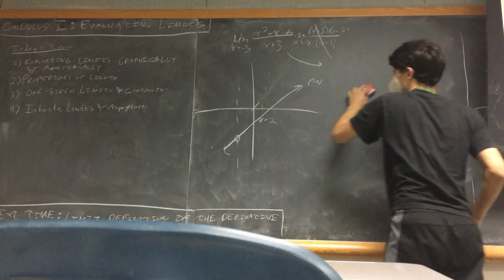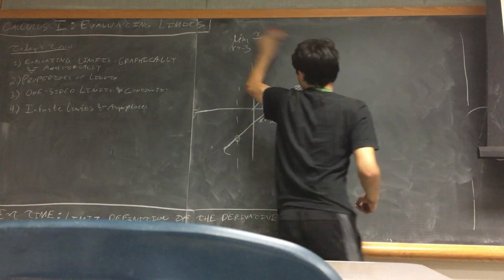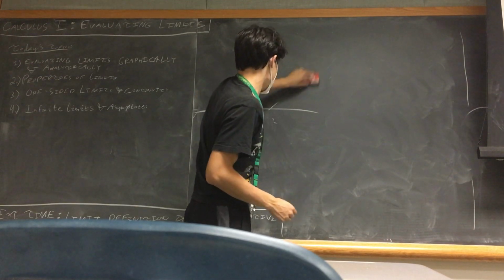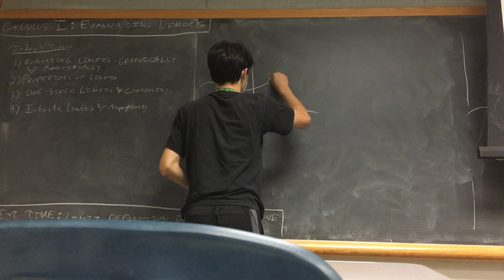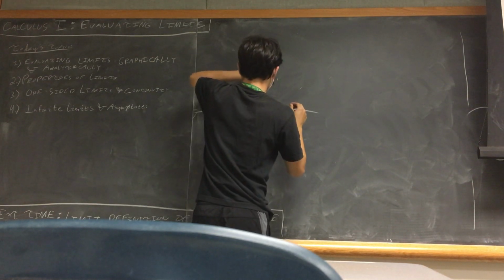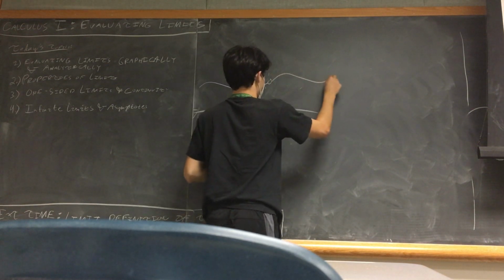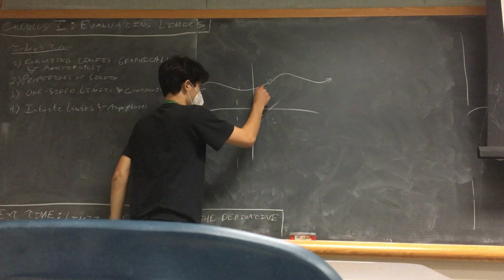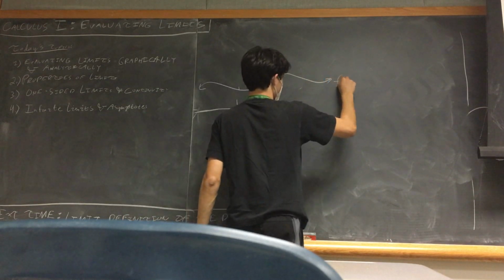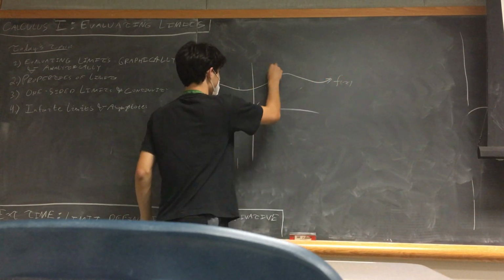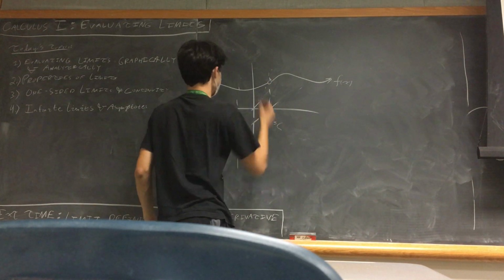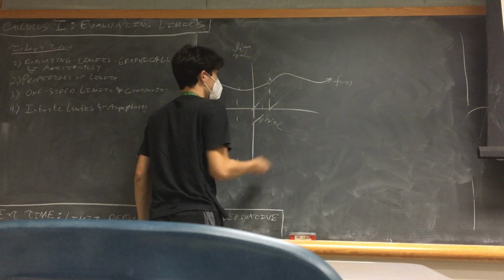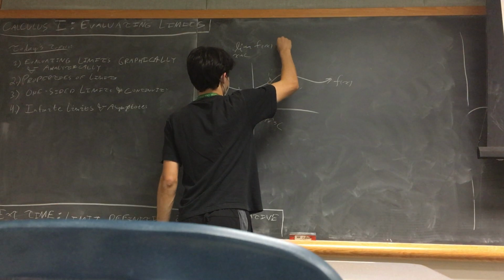So more often than not, whenever we get a graph that has a hole, right, that at one point isn't defined, but everywhere else around it is defined and continuous, in this function here f of x is undefined at x equals c, but the limit as x approaches c of f of x exists.